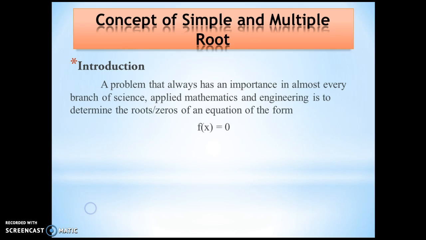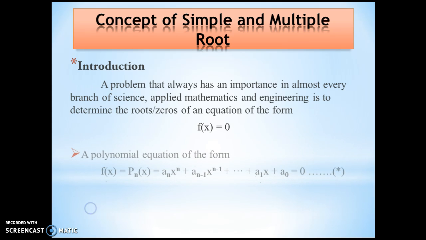First of all, the introduction. A problem that always has importance in every branch of science, applied mathematics, and engineering is to determine, or you can say find, the roots, the other word being zeros, of an equation of the form f(x) = 0.